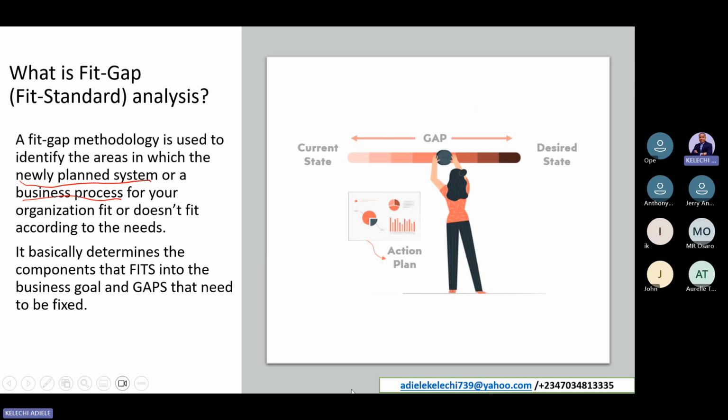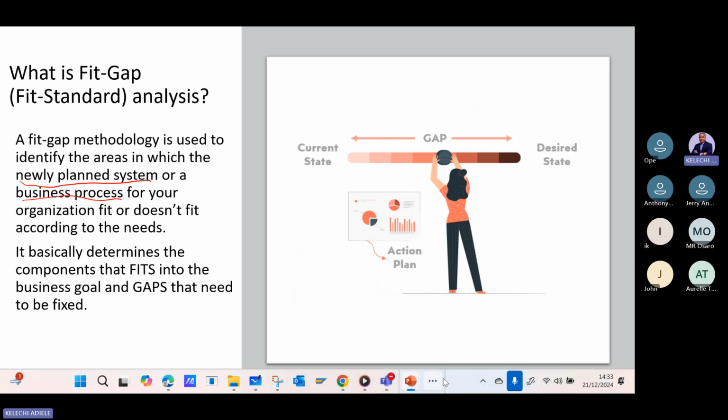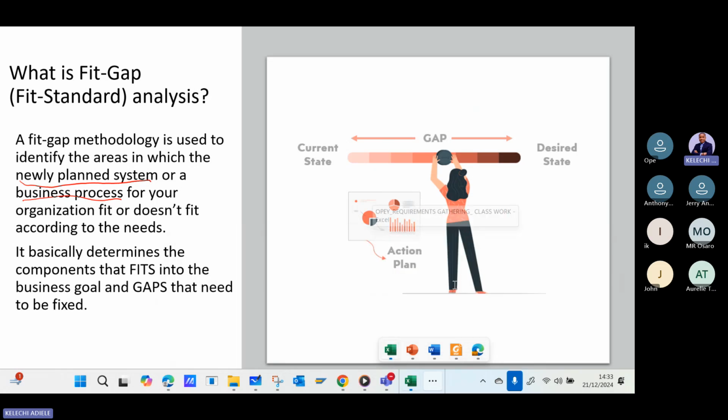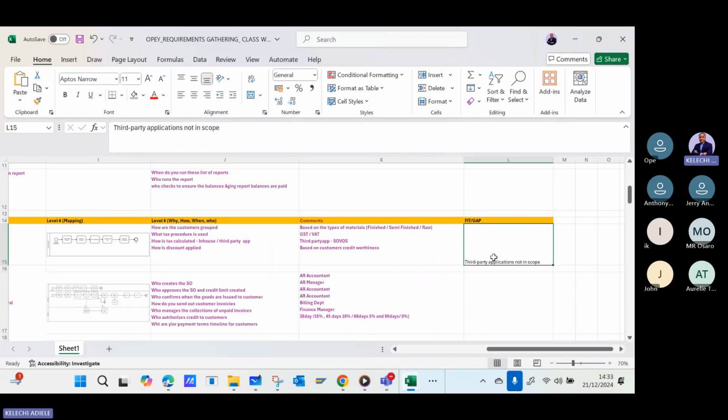So the question is, for your task, all those who identified gaps, the next question is, how do we fix this gap if this is a gap? Normally, there will be a column here that says description. So I would have to move this here because I'm using this as an example and just say this is a gap.